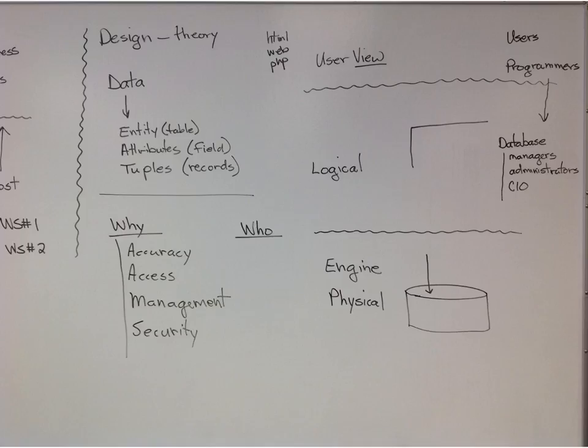Okay, some theory items. We spend quite a bit of time in the course talking about the design of databases, rightfully so. It's really important in order for us to take the advantages of why we use a database. We want the data to be accurate.